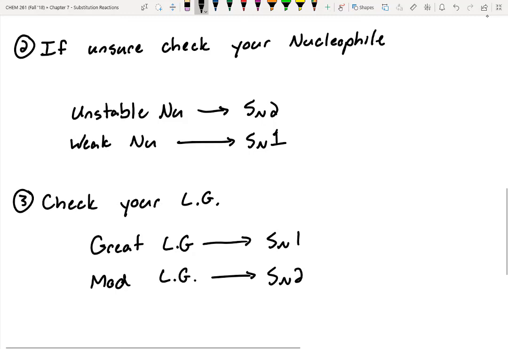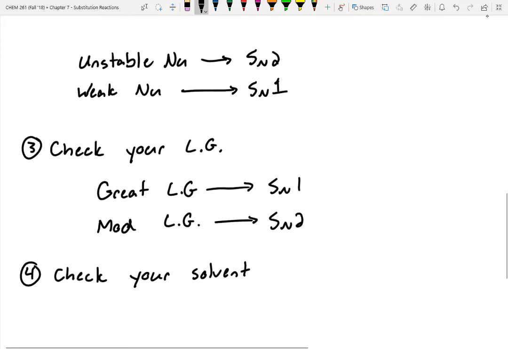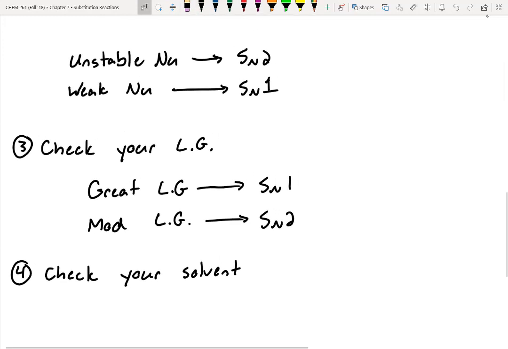However, that's way less important than your nucleophile, right? Your nucleophile tells you a lot more information. And fourth, check your solvent. And like I said, polar aprotic favors SN2, whereas polar protic favors SN1.